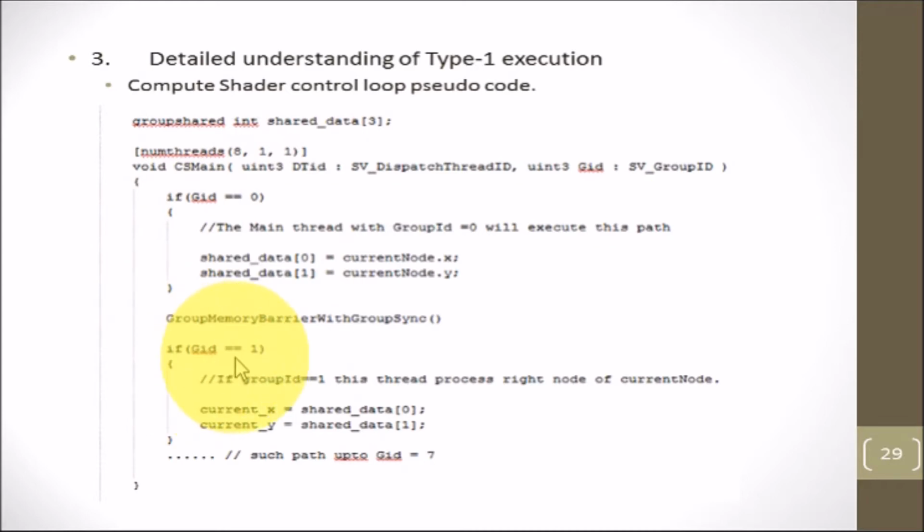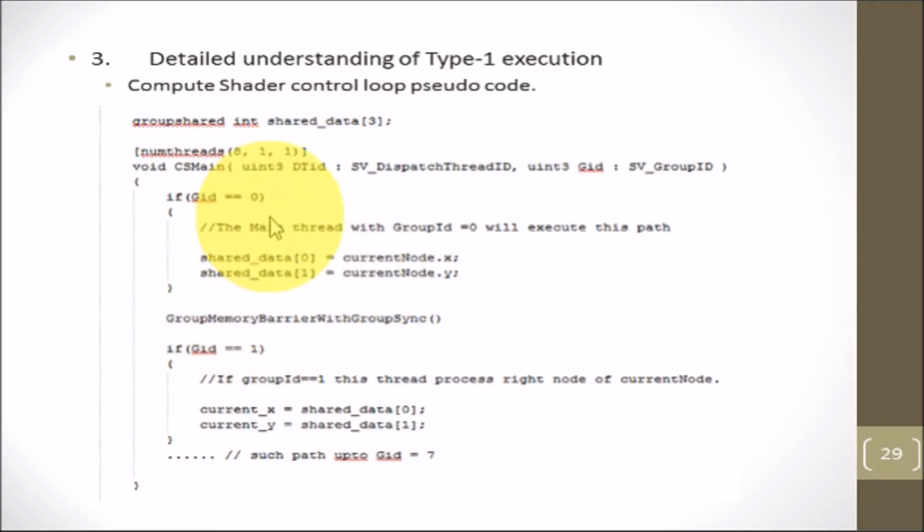If the thread ID is 1, then only it can execute this path. And there is a group memory barrier with group sync. Now this is used for synchronizing all these 8 threads within a thread group together.